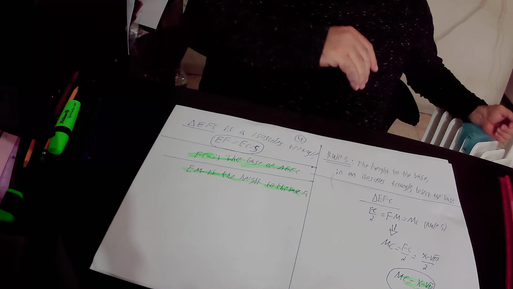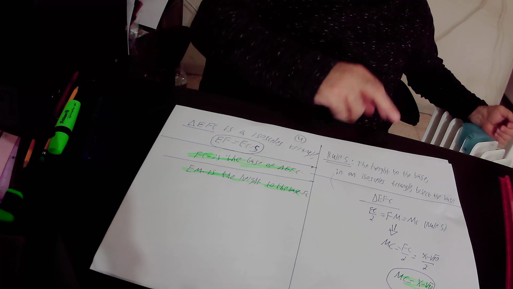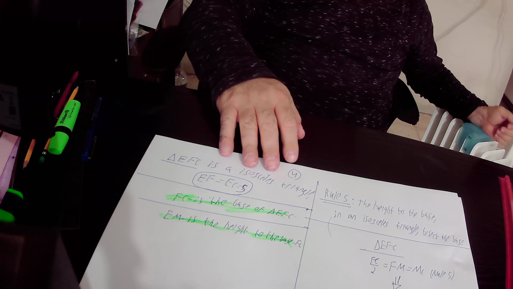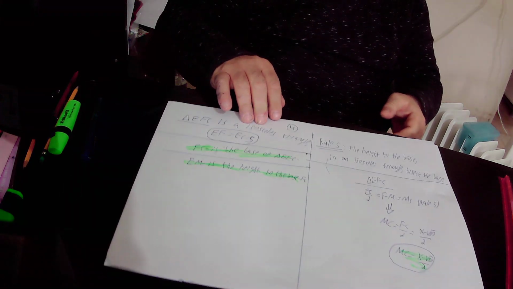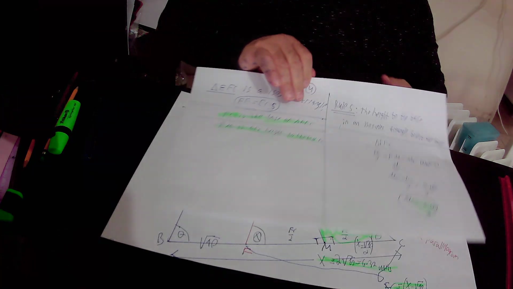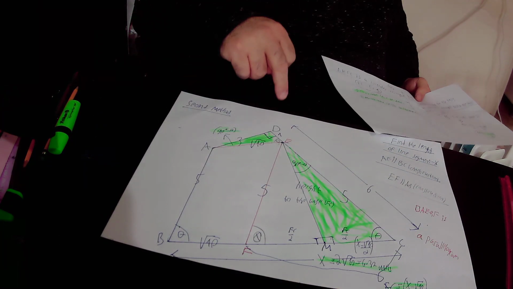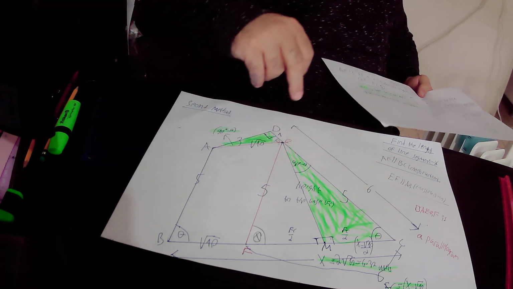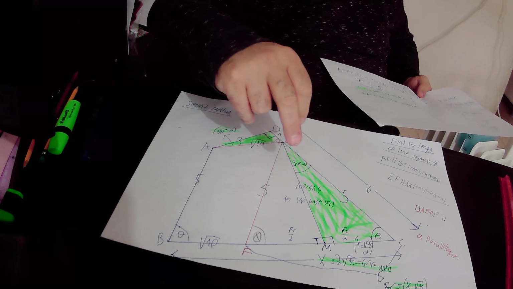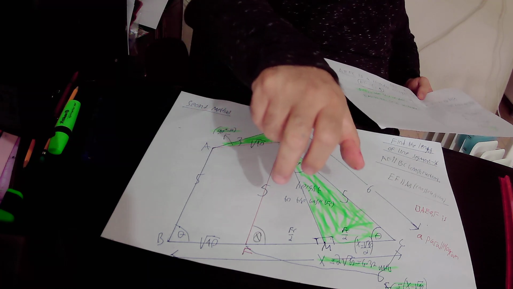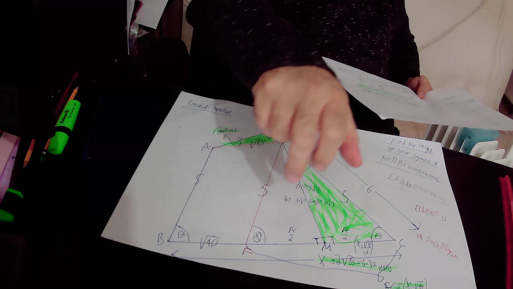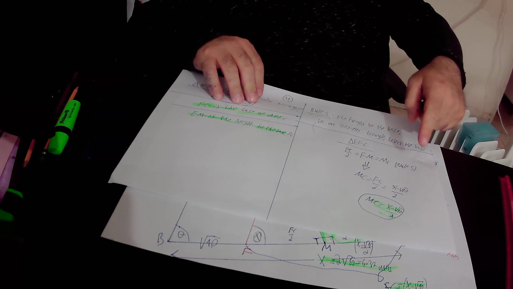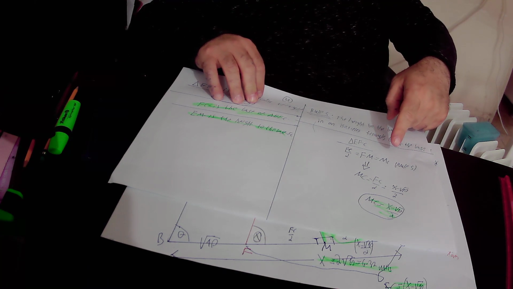According to rule number 5, the height to the base in an isosceles triangle bisects the base. So here, the height EM to the base FC of the isosceles triangle EFC bisects the base FC. It means that it divides the base FC into two equal parts. That is to say, FM equals MC according to rule number 5.